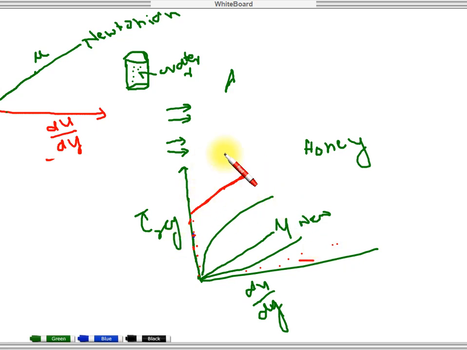So this is the graph from which you can describe the fluids as Newtonian and non-Newtonian.